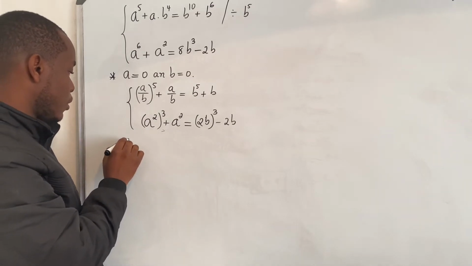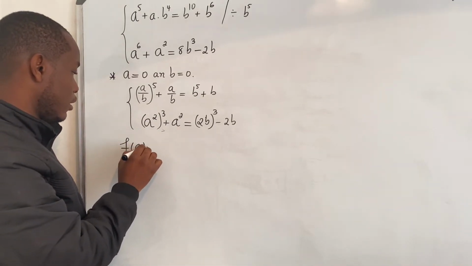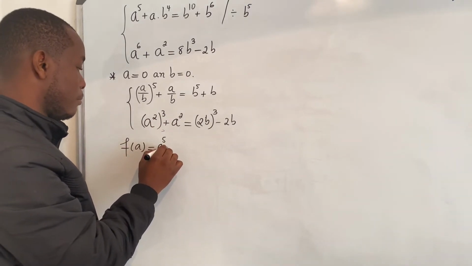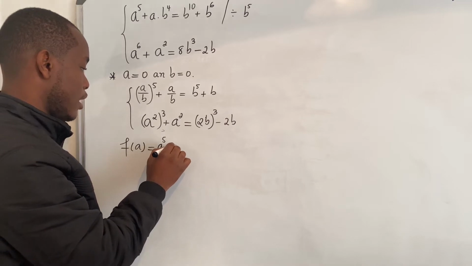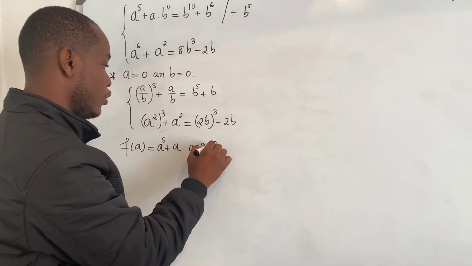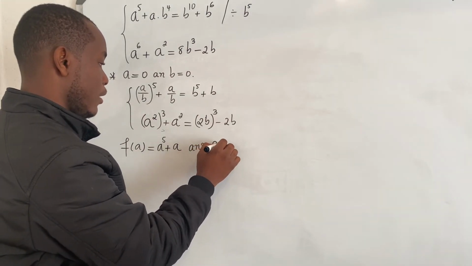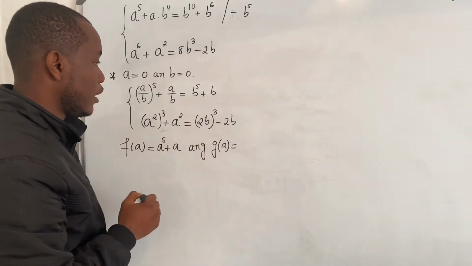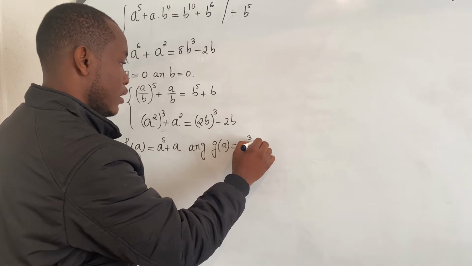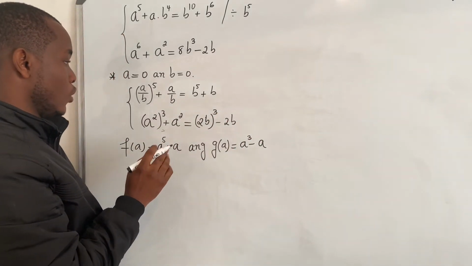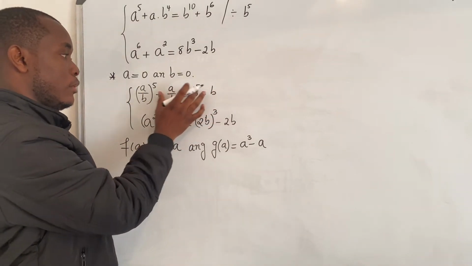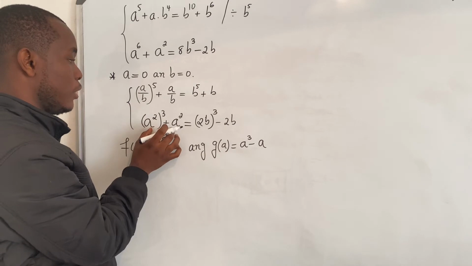So we have a function f of a equal to a to the power 5 plus a, and another function g of a equal to a cubed minus a. This function was taken from this equality, and this function was taken from this equality.